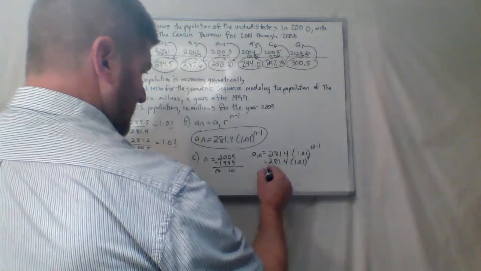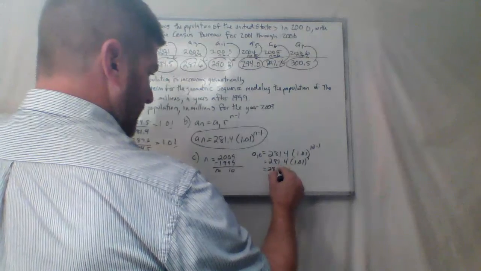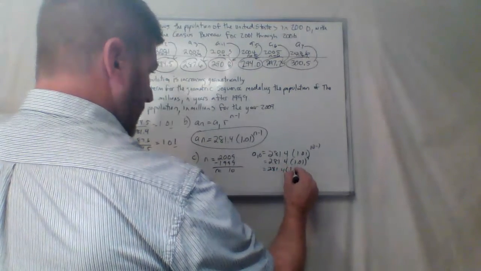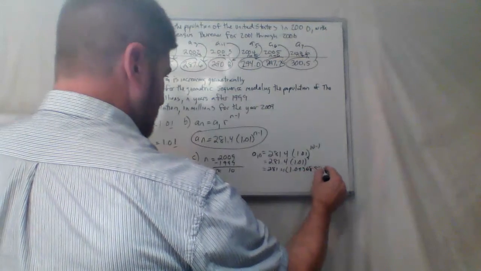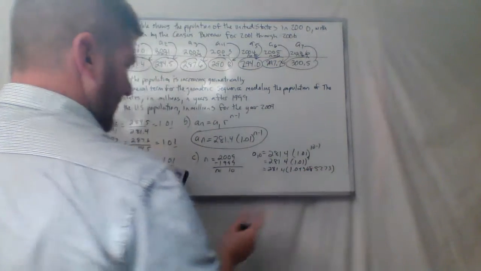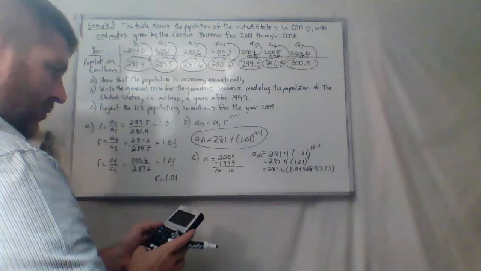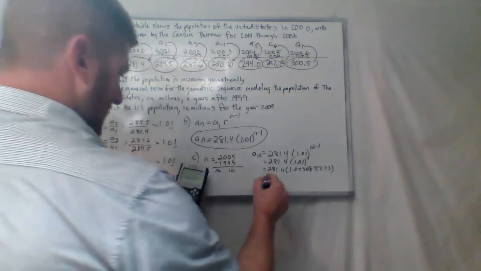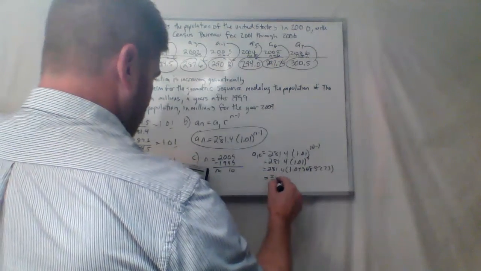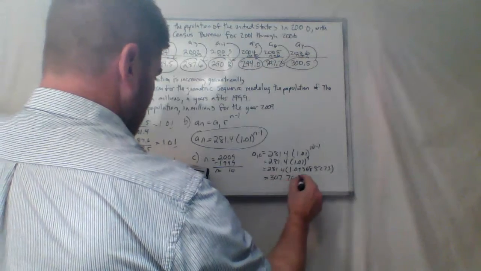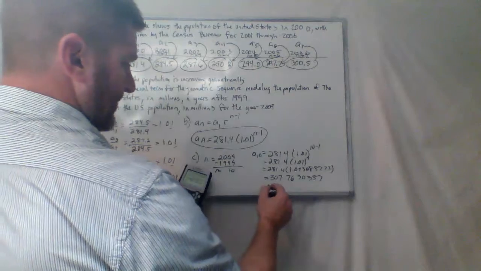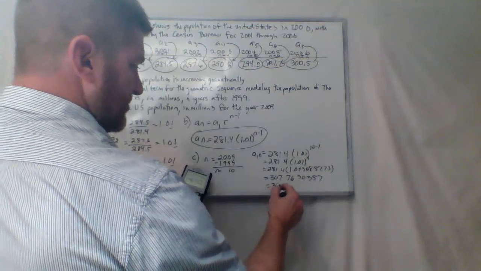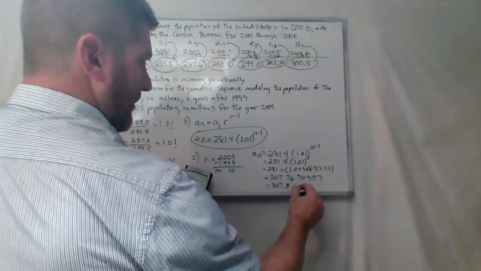And I'm going to get some crazy number, 1.093685273. And when I multiply that by 281.4, I get 307.7630357. Now, I would tell you what to round to. They don't here, so I would say 307.8 million.